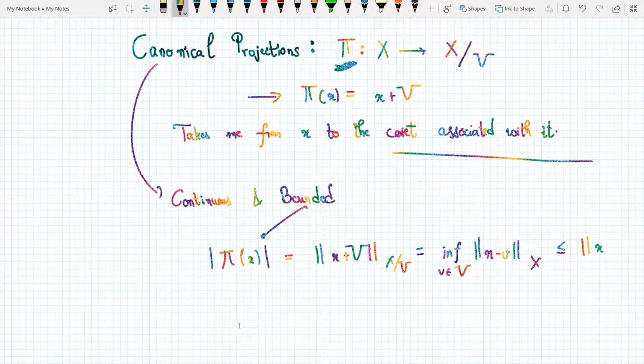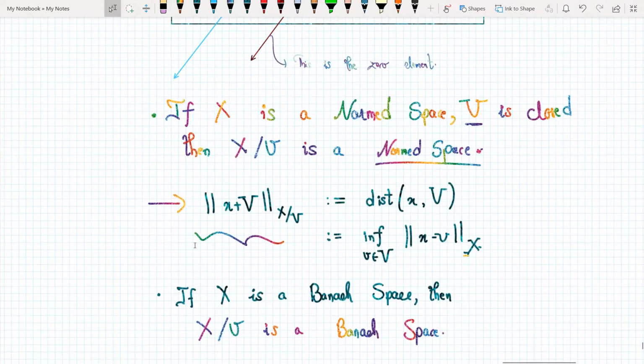And one property of canonical projections is that they are continuous, which implies they are bounded. Why are they bounded? So if we take the norm of this pi x, which is given by this formula, if I take norm on both sides, it becomes this. Now this was exactly equal to my norm in the quotient space.